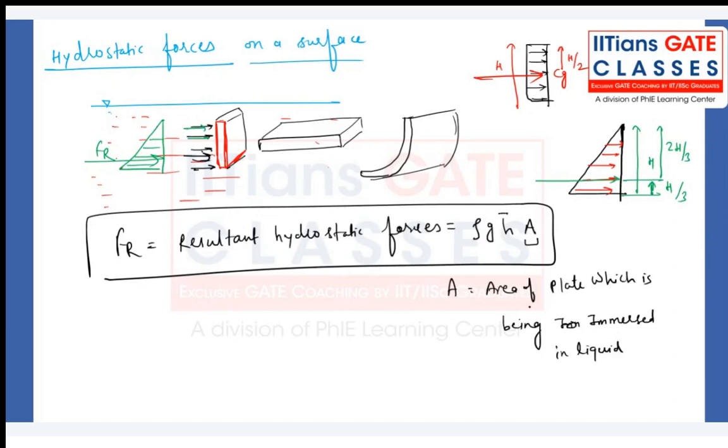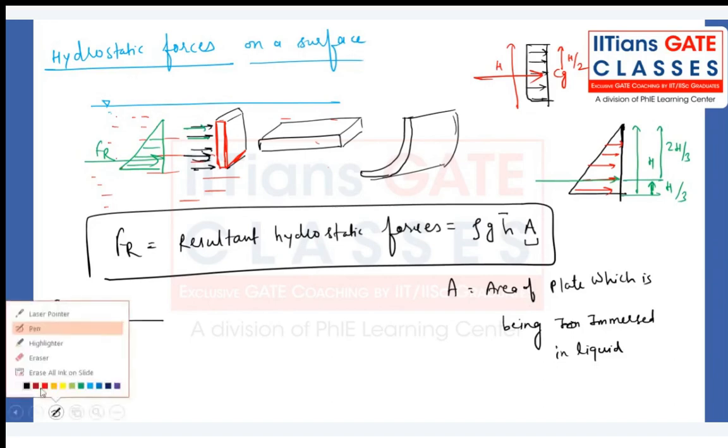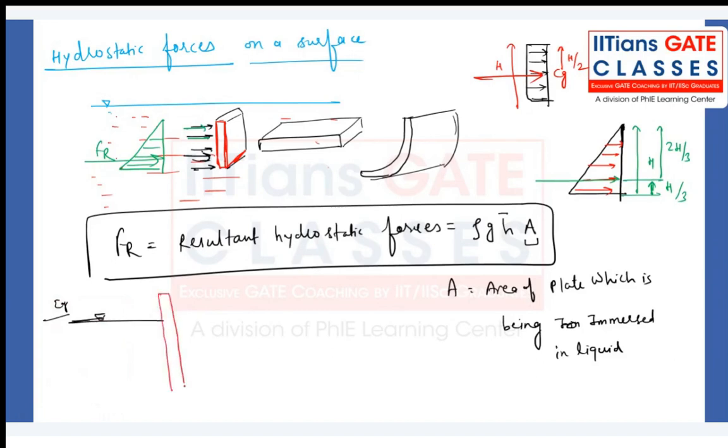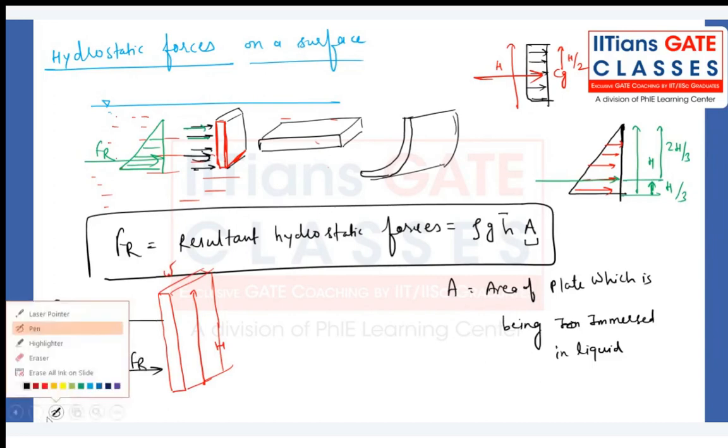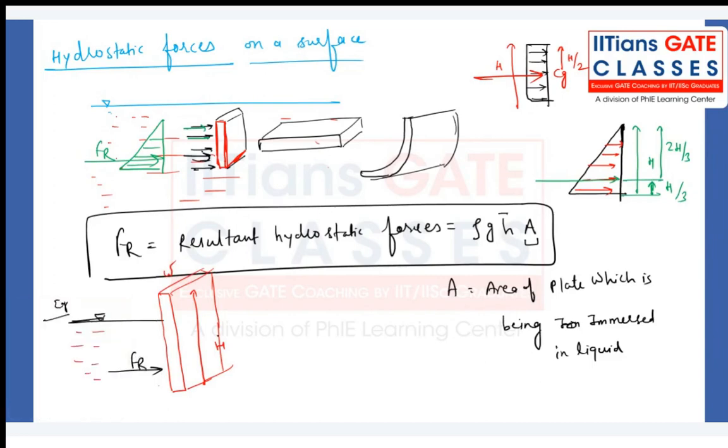Why? Because I will tell you one example where you will be shocked. There is a plate like this of capital height H, and the width, for example, is W, and there is a liquid there. Now it is exerting the pressure force, let's say somewhere here, right? Now what area do I need to take, and let's say the height from here to here is small h. I will tell you each and every term, do not bother about that, right?